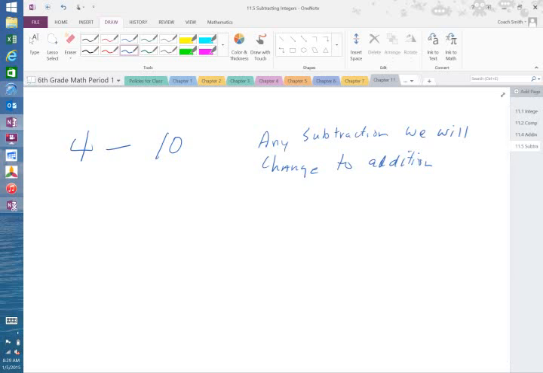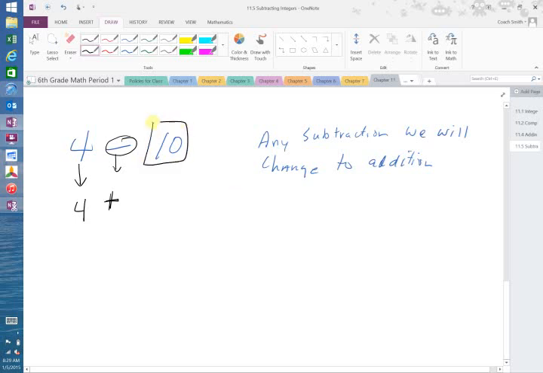We're going to change this problem to addition by doing this. The first number, in this case 4, stays the same. We're going to change the subtraction to addition. And then we're going to do the opposite of the number that's behind the subtraction sign.